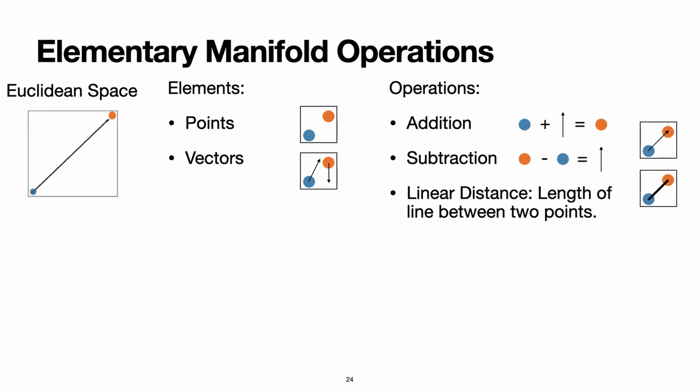So in Euclidean space, the elements are points and vectors. And the operations are addition, where you take a point, you add a vector, and you get another point. Subtraction, where you take a point, subtract a point, and get a vector. And linear distance, which is the length of a line between 2 points.